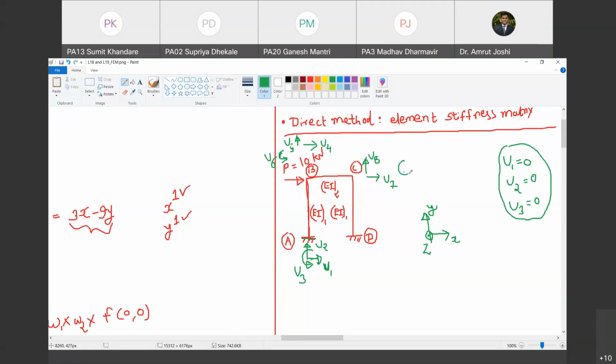And anti-clockwise rotation here, I'm going to call it as U9. Happy? Yes, sir. Do you have any information on U4, U5, U6, U7, U8, U9? No, we don't know. These are the unknowns. Unlike support A, where U1, U2, U3 were known to be 0, these are unknowns. Do you agree with me?